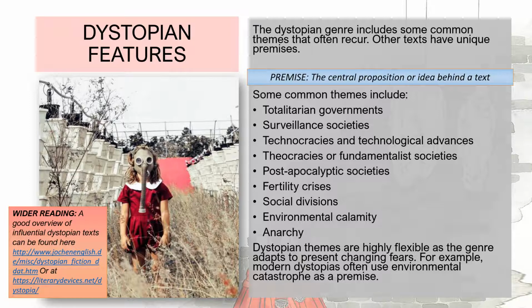Different kinds of social division, of class division, often mixed in with other aspects of these. That's certainly present in 1984. Environmental calamities, linked perhaps to post-apocalyptic societies. These are envisioned in many dystopias, and anarchical societies, or societies without leadership, which I guess is a polar opposite of a totalitarian government.